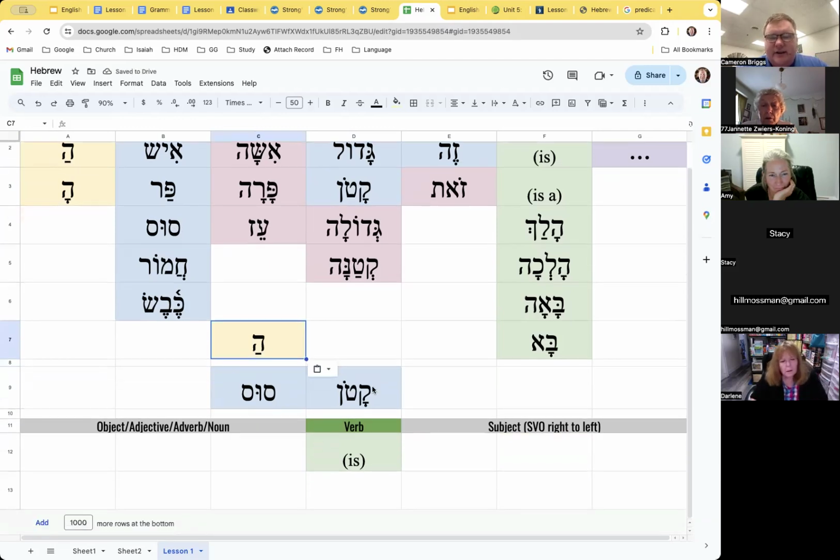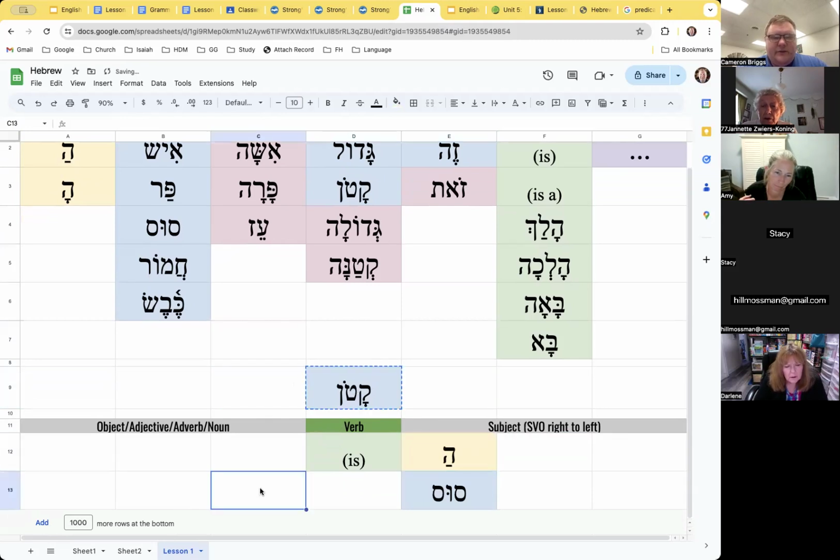The katon does not have a ha. So where would we construct the sentence? If one has a ha and the other does not, they have to be on opposite sides of the verb. And so Sus would go first. Sus katon. The horse is small.